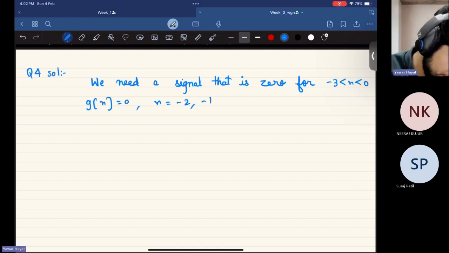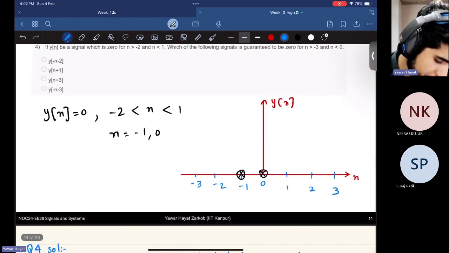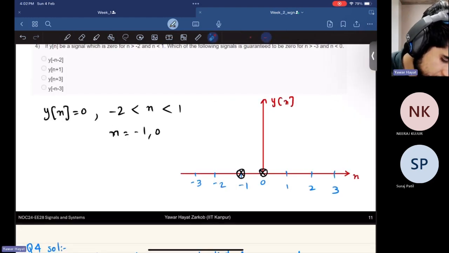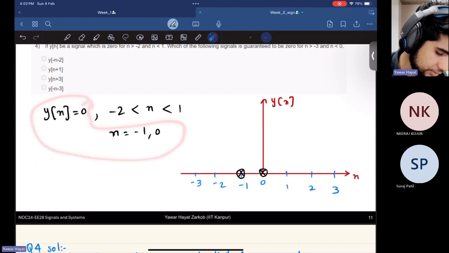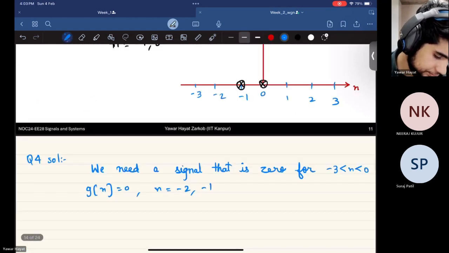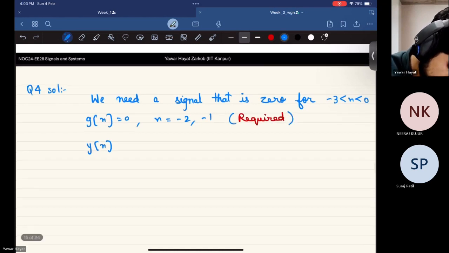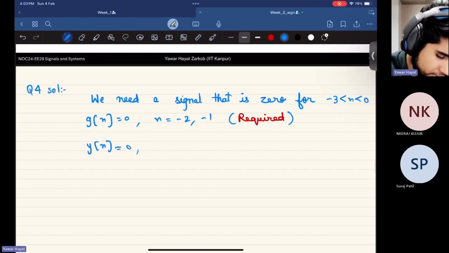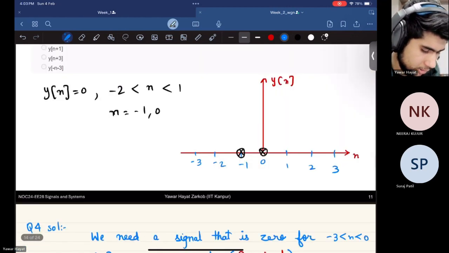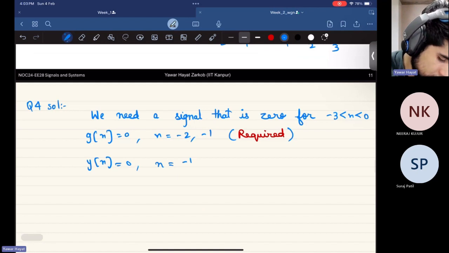And my original signal y of n was 0 for -1 and 0.